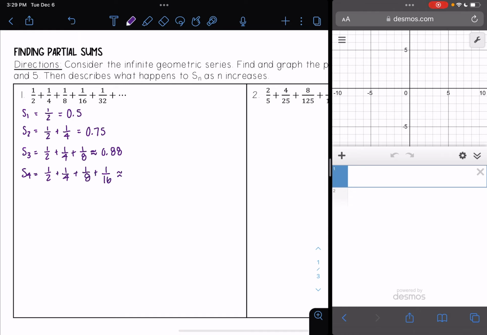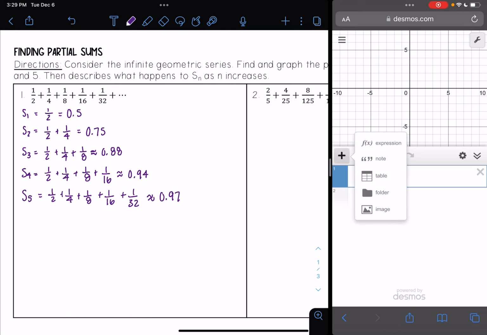And when you enter that into your calculator, you should get approximately 0.94. And then S5, I'm adding the first 5 terms. And that will get you approximately 0.97.